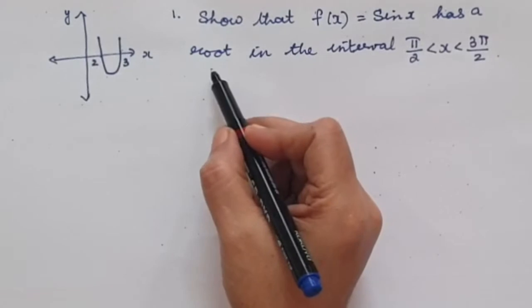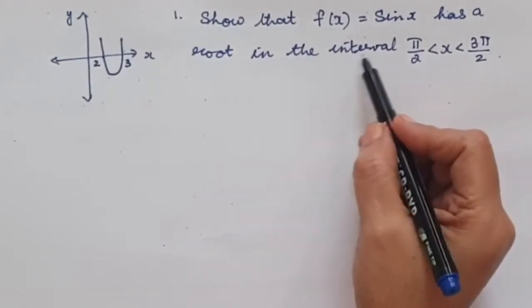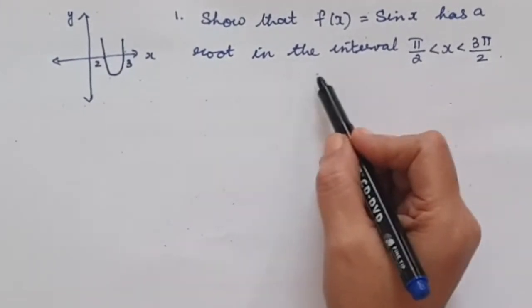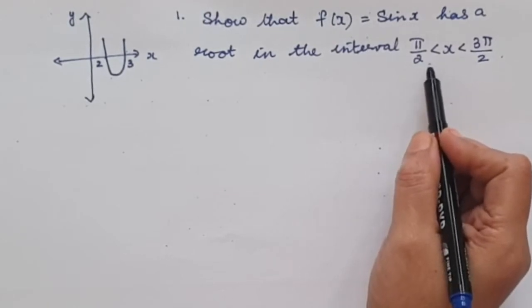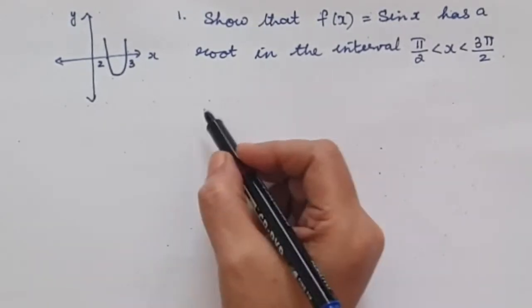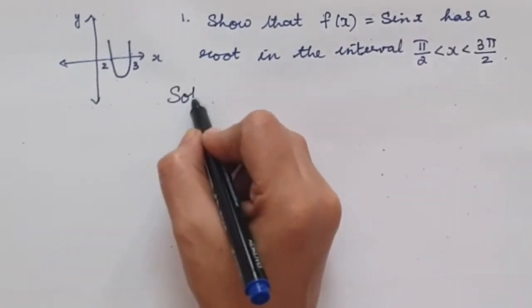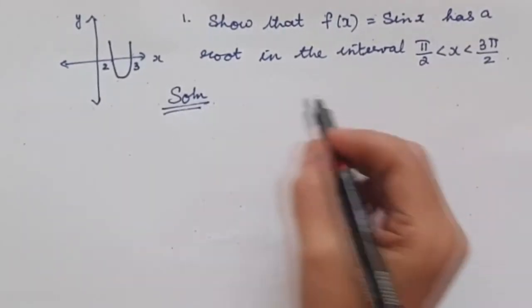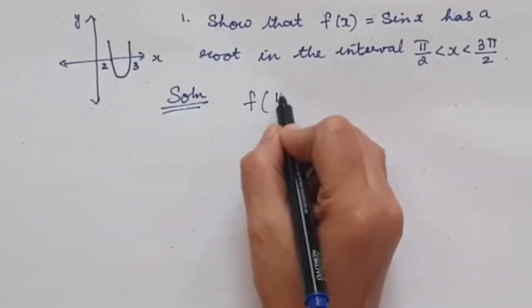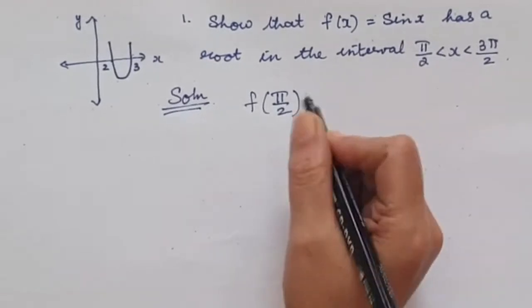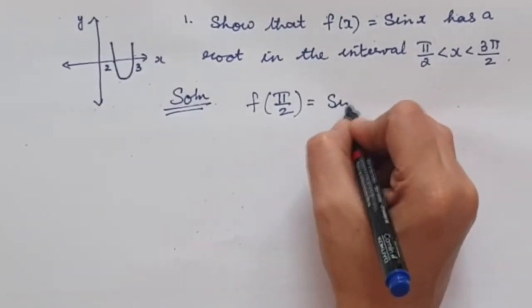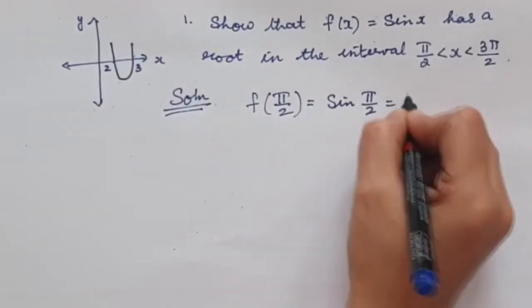Now the first question: show that f of x equal to sin x has a root in the interval pi by 2 less than x less than 3 pi by 2. So first, for this solution, we just find out the minimum value, that is f of pi by 2. When you substitute it, sin pi by 2 is 1.